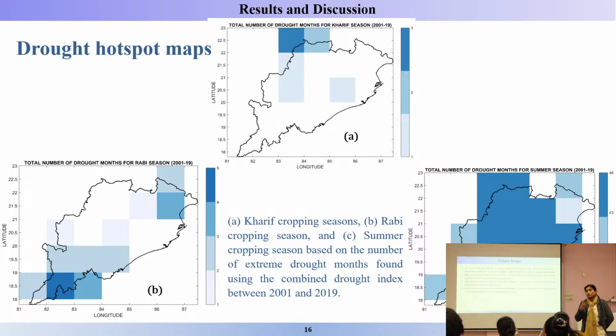If we had more detailed yield information, things could have been better. But our yield information is limited to districts. We don't get any grid-wise yield data, so we have to rely on district-level data. In that way, our analysis would have been better if higher resolution data were available.